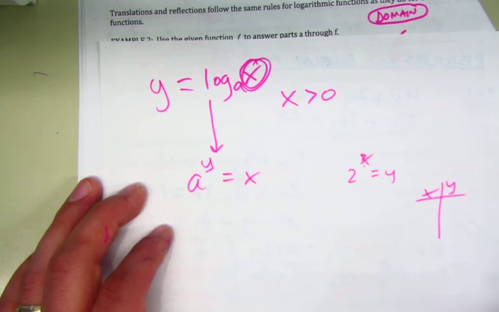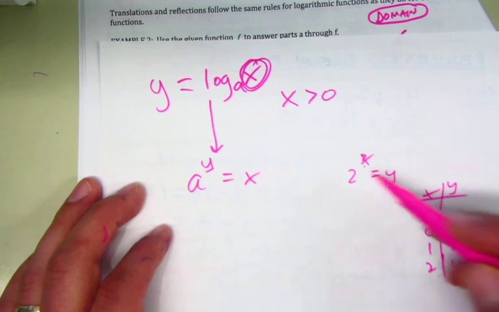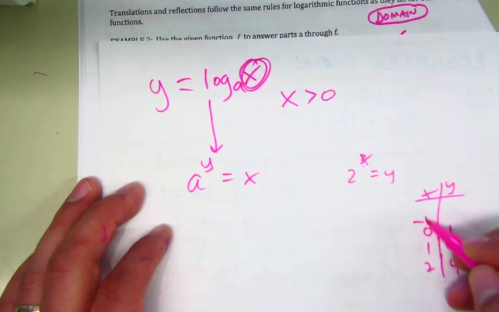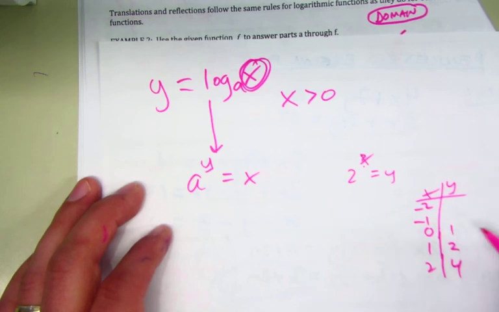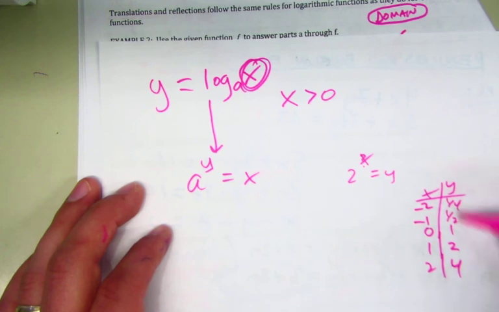Let's call it an x. If I start plugging in numbers, when I plug in 0, 1, 2, this exponent up here, positive, right? If I plug in negative numbers, what happens to this answer? It flips. 1/2, 1/4, right? This will never be negative and it will never equal 0.